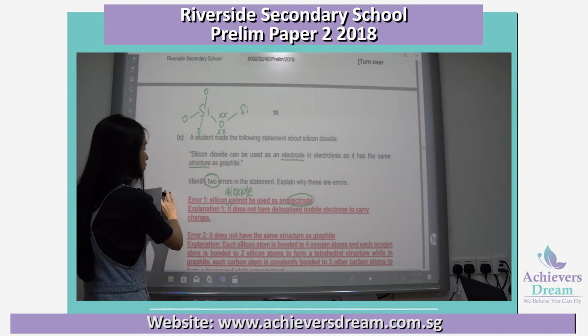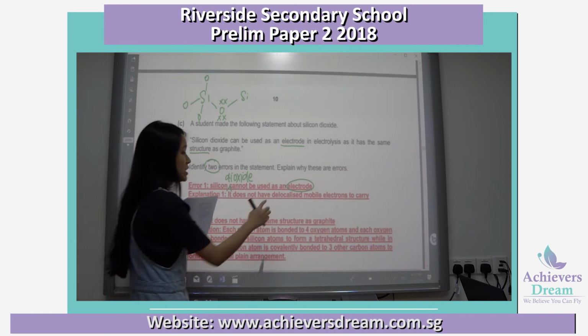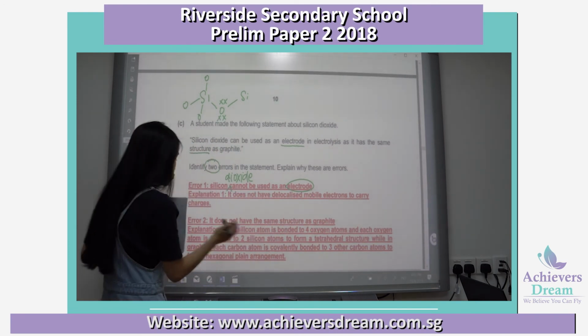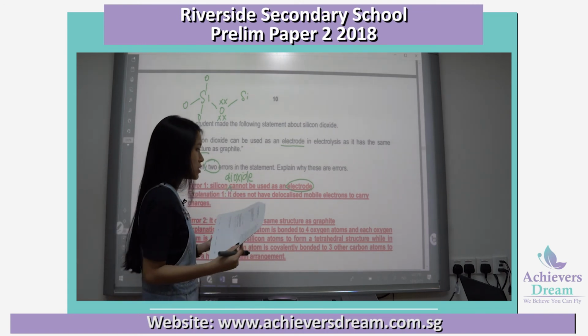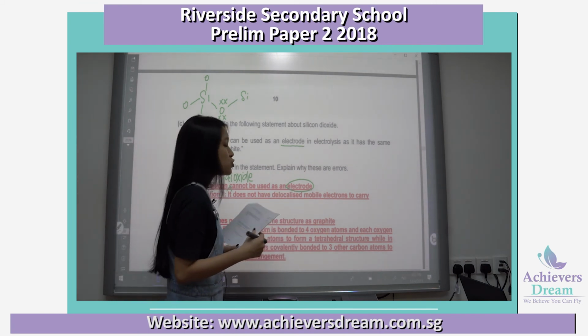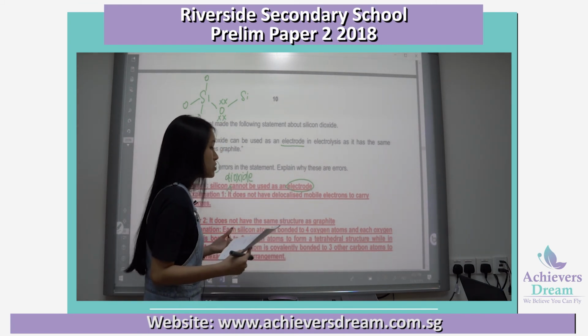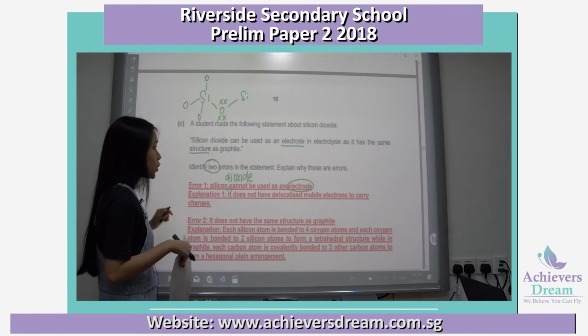So it does not have any free moving electrons, any delocalized mobile electrons to carry charges. Therefore it cannot conduct electricity. In order for it to be an electrode, it needs to have mobile charge carriers in terms of electrons in order to allow electricity to be conducted.